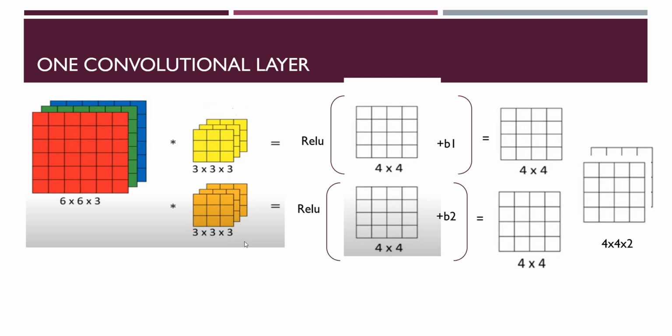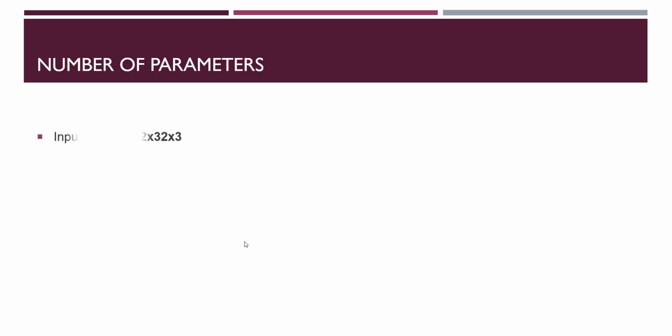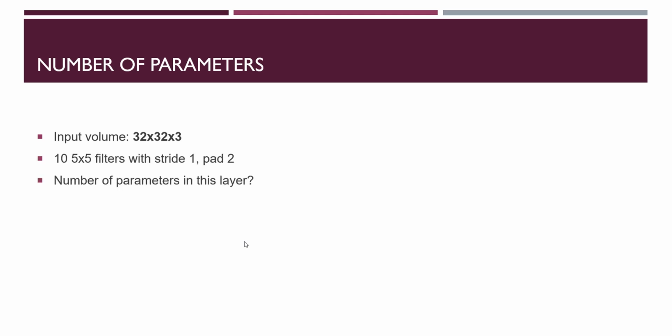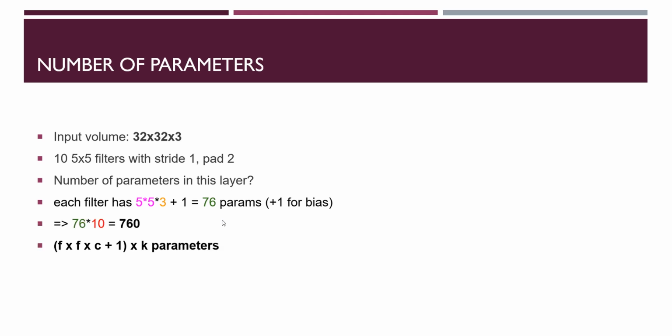So you have total 56 parameters. In this second example, which we were just discussing, there are 10 such filters. So each filter is having 76 parameters. So 10 such filters will have 76 into 10, that is 760 parameters.